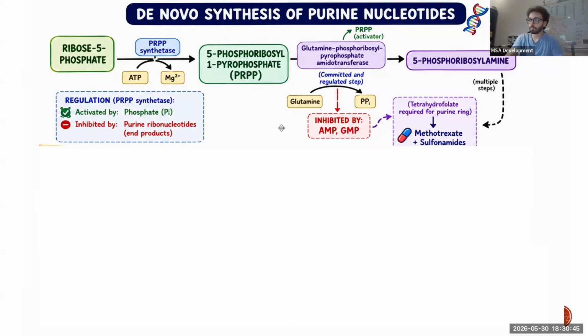But this is us making the sugar: ribose 5-phosphate to PRPP by PRPP synthetase, activated by phosphate and inhibited by purine ribonucleotides. Then this PRPP through the amidotransferase, which is the regulated step, will become phosphoribosylamine, the final sugar we need, inhibited by AMP and GMP and activated by PRPP. Natural. So the reaction goes that way.